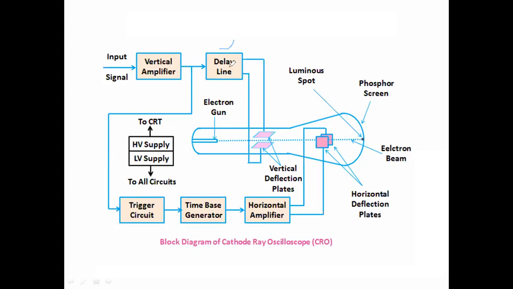The delay line delays the application of the output of the vertical amplifier to the vertical deflection plates for a moment. Because the voltage applied on the horizontal deflection plates takes some time, as the signal is applied to the trigger circuit and then to the time-base generator to process all this signal analysis, it requires some time.